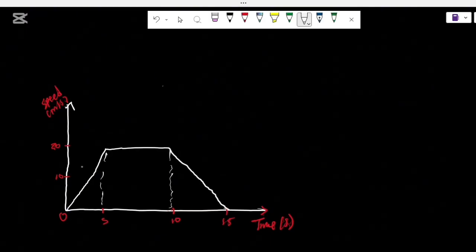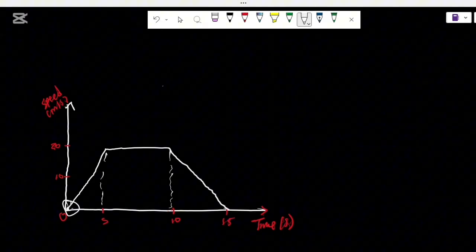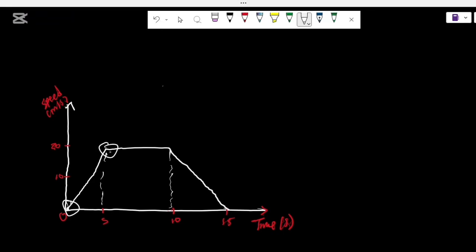Notice that the speed is increasing from 0 all the way up to this particular point, which is 20. So it moves from 0 meters per second to 20 meters per second. Now, that speed is actually also called velocity.